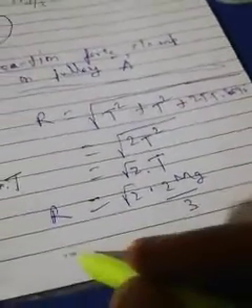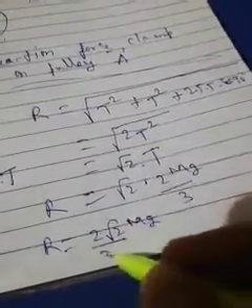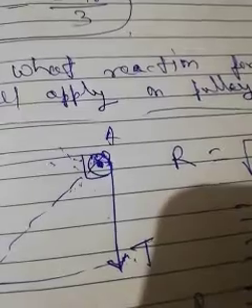So finally this is the resultant force which is acting on the pulley when the pulley suspends the bodies.